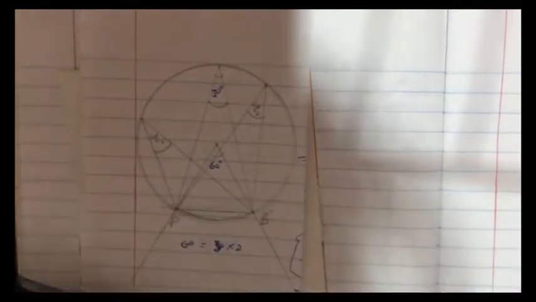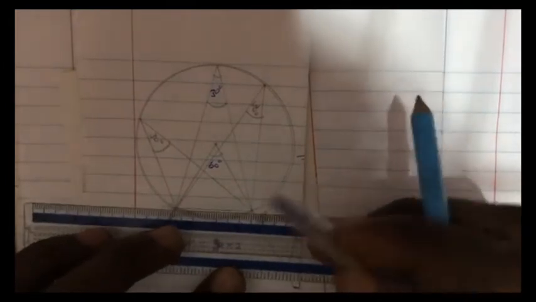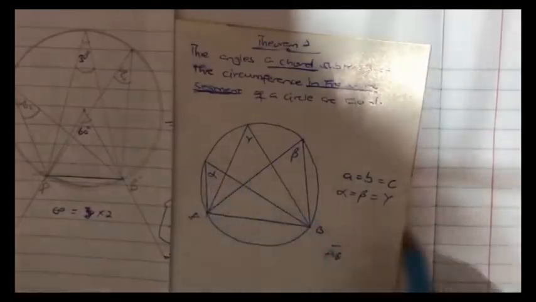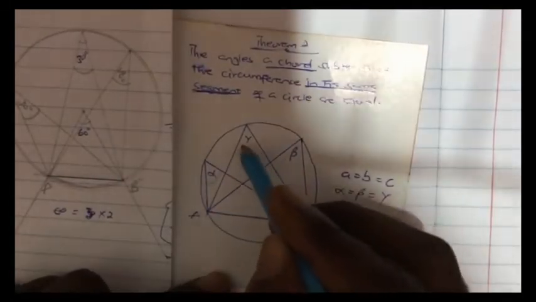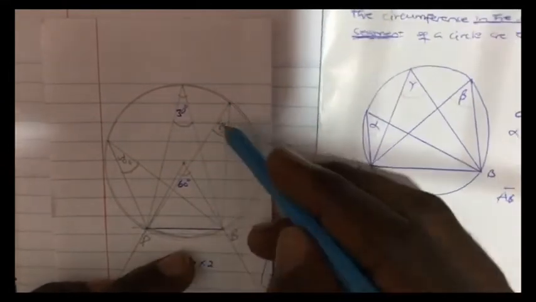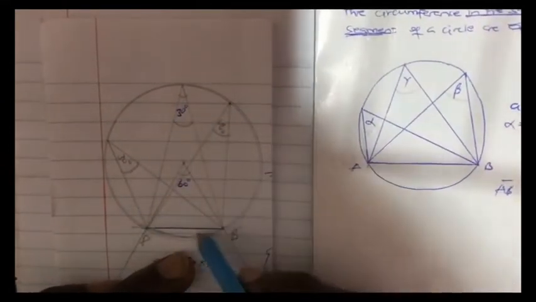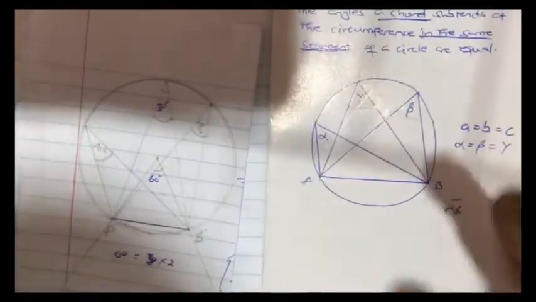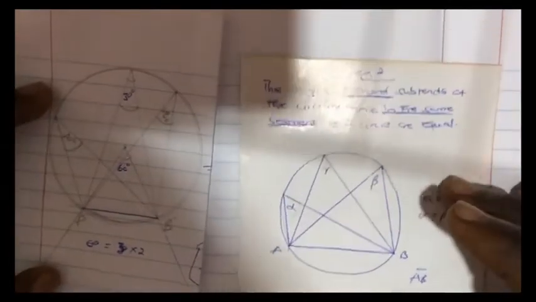If this is a chord subtending many angles at the circumference, this rule says all the angles will be equal, provided they're in the same segment. And this is true. It has been shown here that this was 30, this was 30, and that was 30. The common thing was that all these angles were subtended by this particular chord AB. So we've actually proved that this theorem is true.